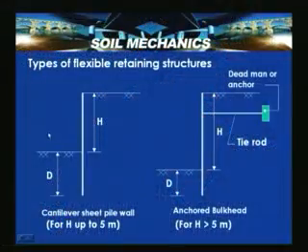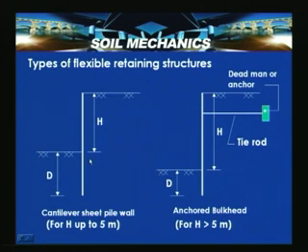A cantilever sheet pile wall has a section driven into the ground, where H is the retaining height and D is the embedded depth, and this line is called the dredge level. The stability of the wall depends upon the embedded depth provided in front of the wall.